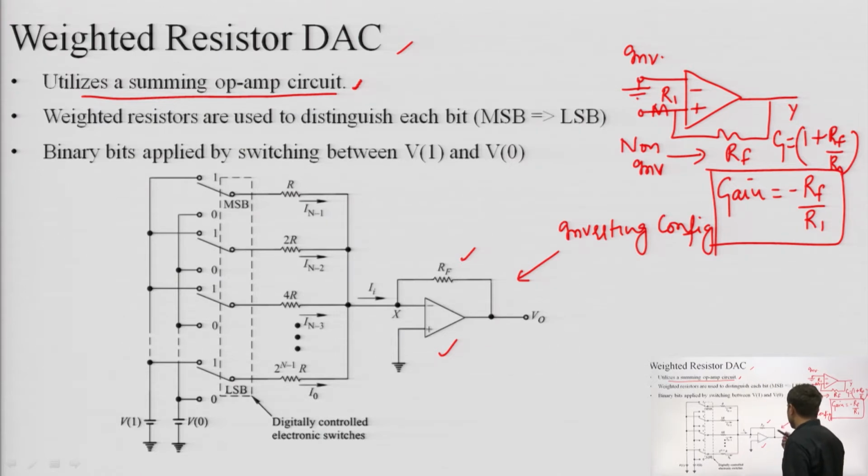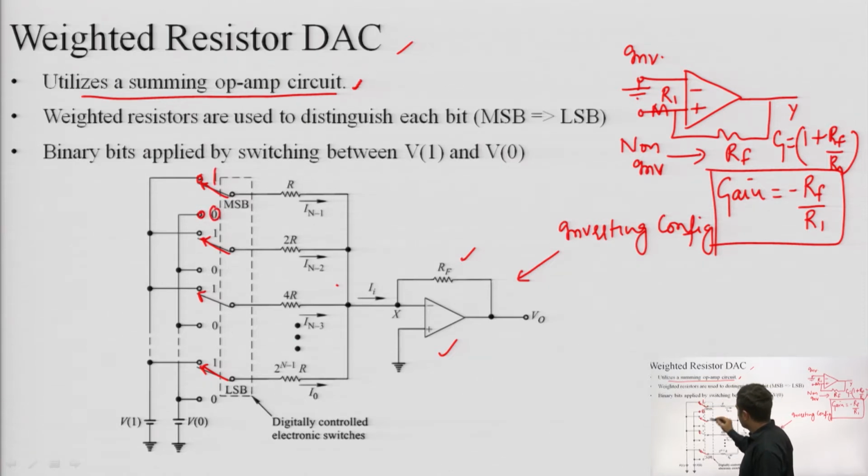So in this minus Rf by R1 type gain, this is the arrangement which is provided to me. Now how this arrangement is functional, how it is accepting the inputs: these are the terminals which are accepting the digital data. You can see that there are two possibilities, one for high signal and one for low signal.